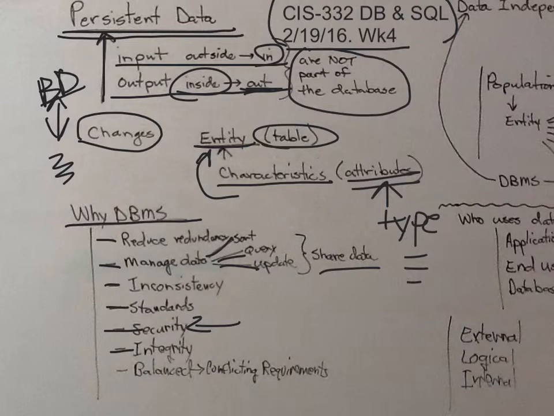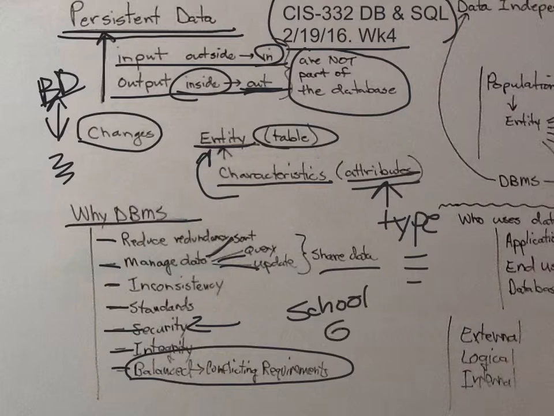We can do a better job of retaining the integrity of the data and balancing conflicting requirements. I gave the example, if you're doing a database on a school and somebody said grade, there could be a conflict in what that means. In elementary, people talk about first, second, third grade. Typically in high school, they're talking about A, B, C, and so forth.